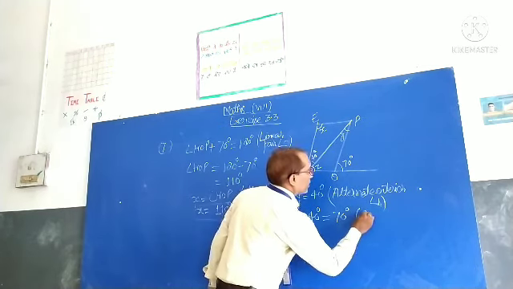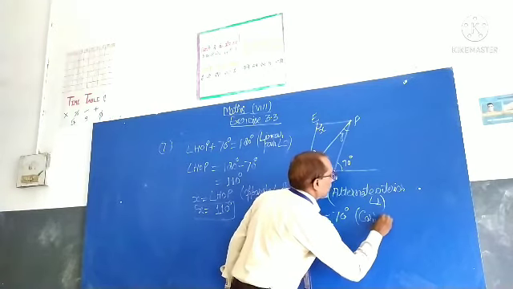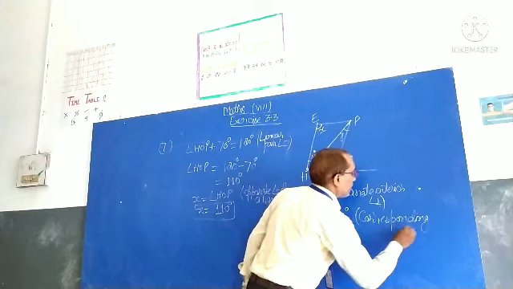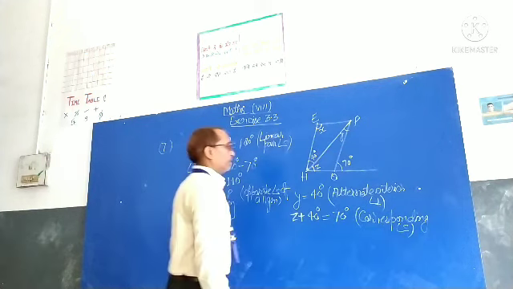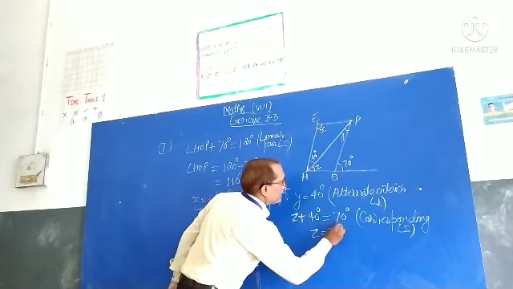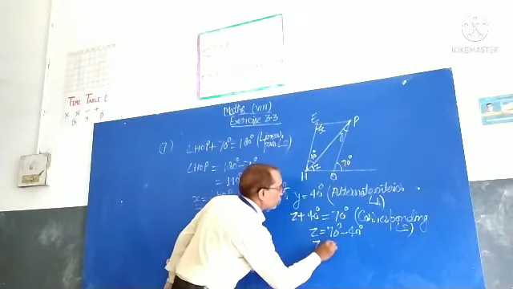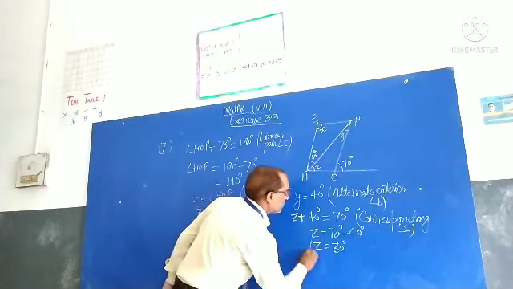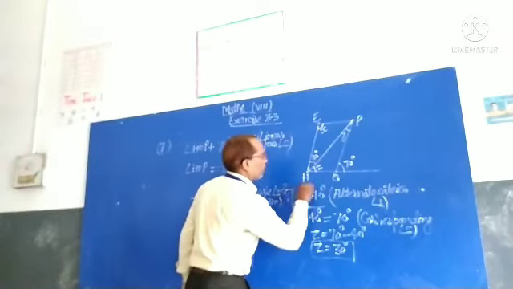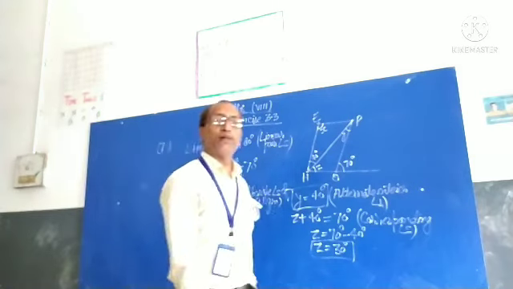You write down corresponding angle by the property of corresponding angle. z is equal to 70 degrees minus 40 degrees. z is equal to 30 degrees. This is the value of z and this is the value of y. You get x, y, z.